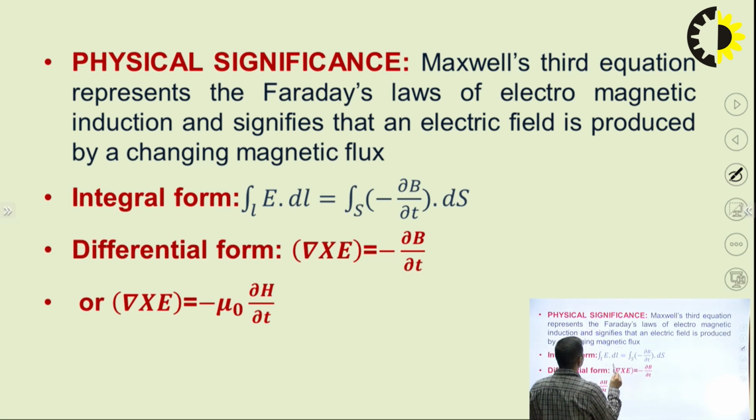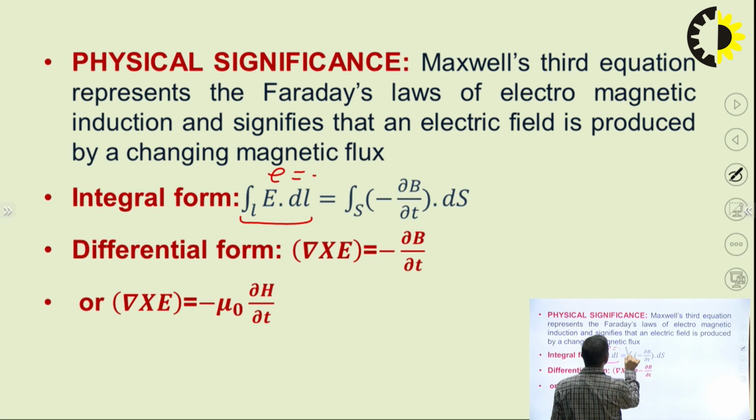Here the left hand side represents the induced EMF, represented by small e, and the right side was written as minus d phi B by dt. So Faraday's law of electromagnetic induction, induced EMF equal to minus rate of change of magnetic flux, represents the physical significance of Maxwell's third equation.